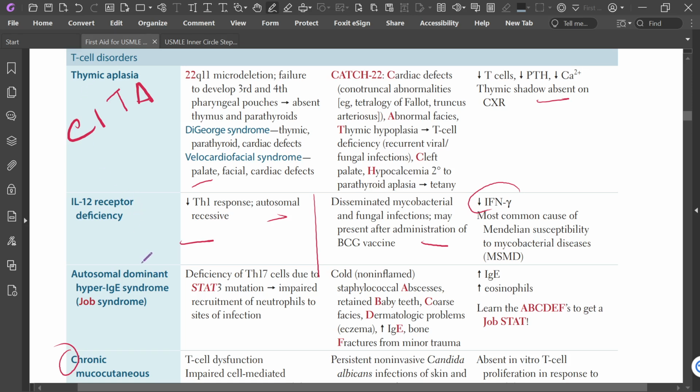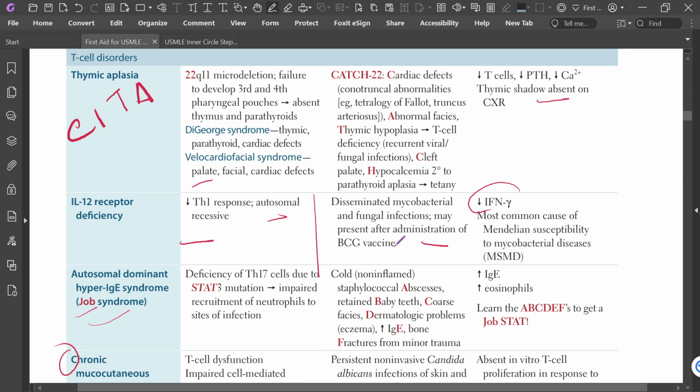And now the most important T cell disorder, autosomal dominant hyper IgE, Job syndrome, deficiency of T helper 17 due to STAT3 mutation. Job: STAT3 mutation impairs recruitment of neutrophils to the site of infection.